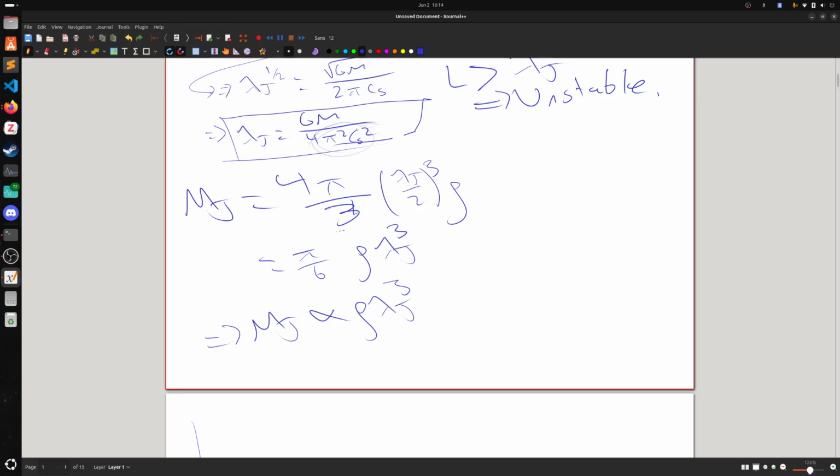That will be useful. So lambda_J is proportional to sound speed to the -2. So that's proportional to rho times sound speed to the -3 on 2.